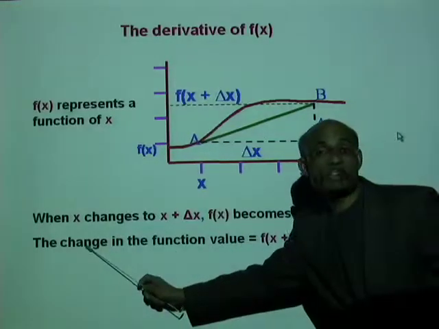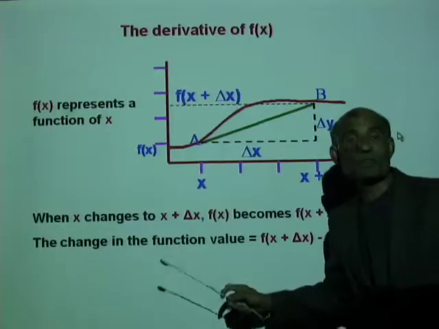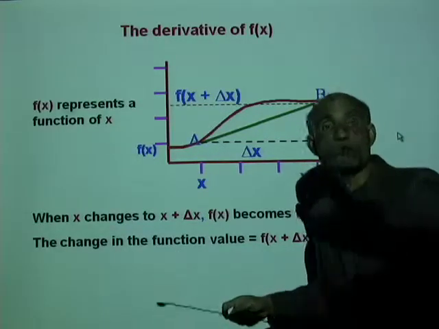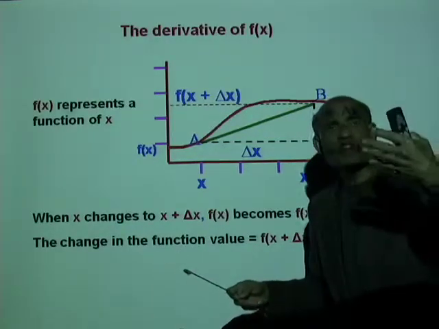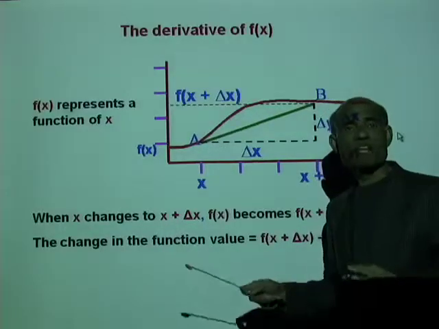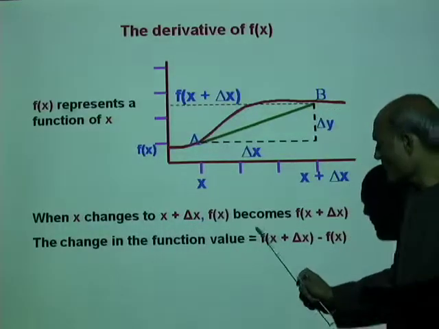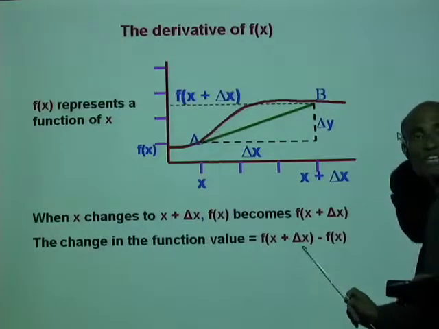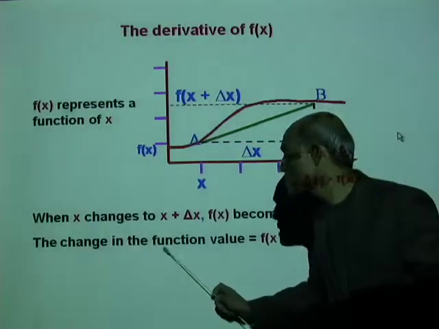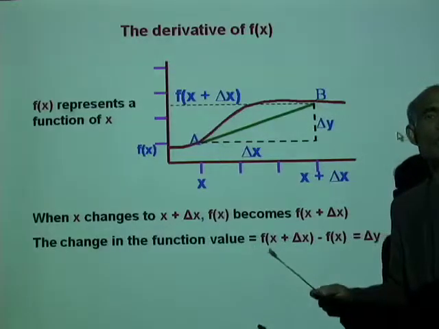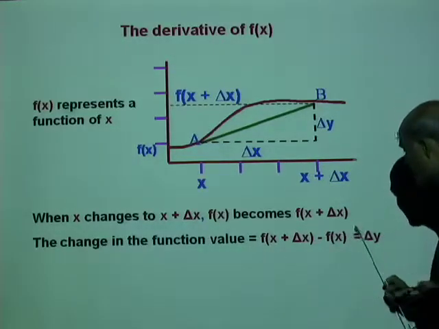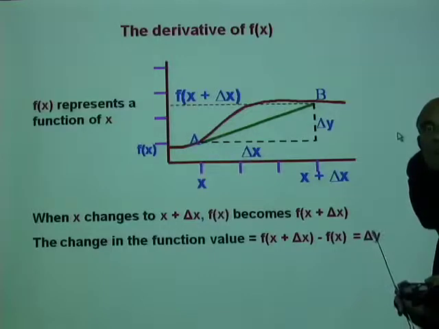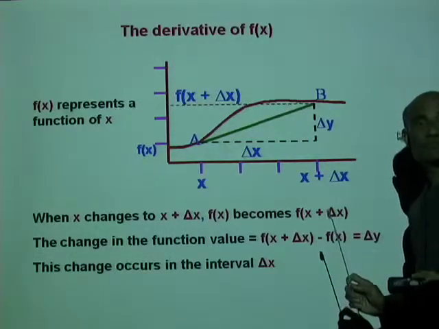That represents the change in the function value, the change in the output, or we can say the increase in the output in this case. A change is a better word. So f of x plus delta x minus f of x is a measure of the change in the function value or a change in the output, and we represent that by delta y, the change in the output.